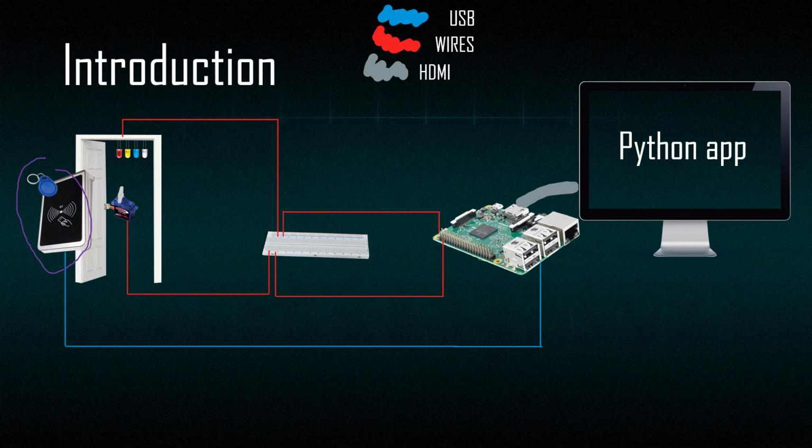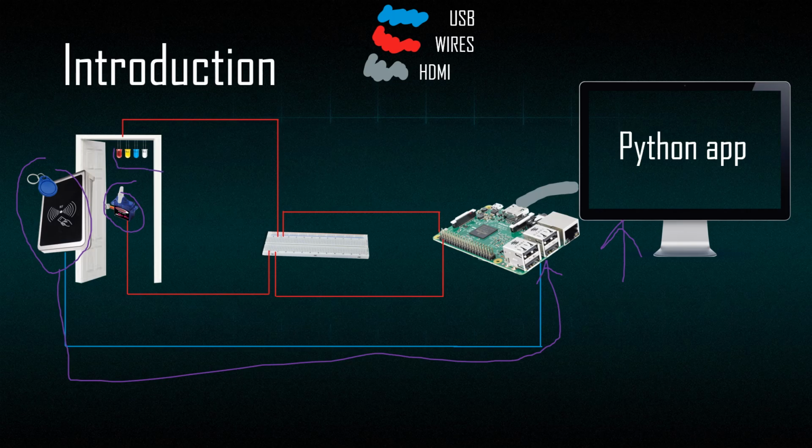When you press your key on the sensor, the signal is sent directly to the Raspberry Pi, which checks the database connected with our Python app, and checks if the identification number of this key is in our database. Then our door can be unlocked, which is represented by this servo right here.